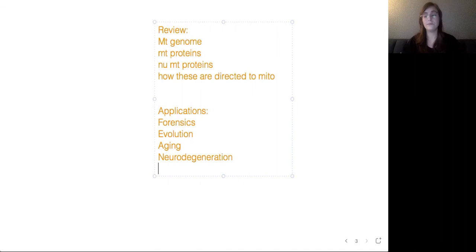So it is still being researched heavily, but that is something that is of interest specifically to me, since I'm wanting to stay in neurodegeneration and aging studies, but with a focus on the mitochondria. It can also be used in cancer research, and there are mitochondrial diseases. So that's just a brief overview of how those work and how it can be applied.